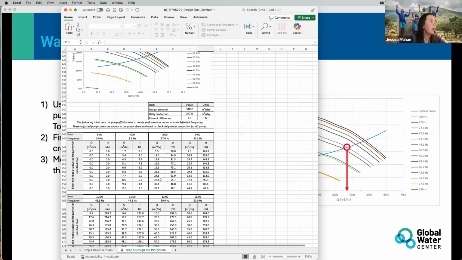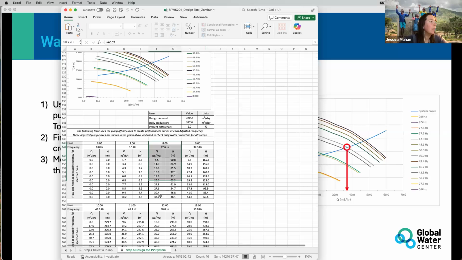So for example, this one at 8 in the morning, this is the data we're using for our curve. What we've done is we've used the affinity laws 10 times for flow, and then 10 times for the head, all for 8 a.m. And so we are basically creating our own new curve for each hour of the day.